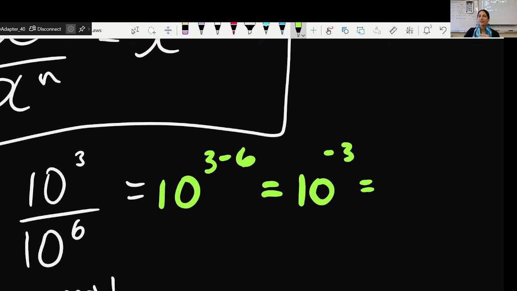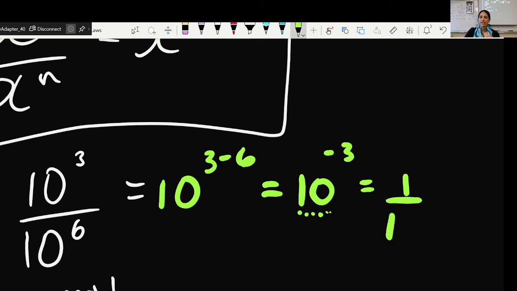We can't make the base negative, but we do something with it to change this into a positive exponent. I sort of showed you with that. What do we do with it? What do we call that when we flip it? Thank you. We find the reciprocal of this.